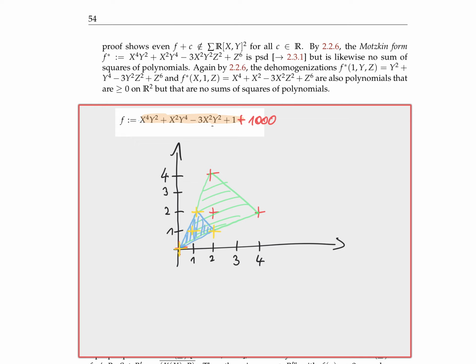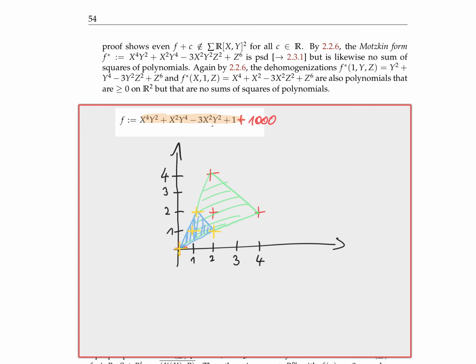And by 2.2.6, the so-called Motzkin form, so that's probably the way Motzkin initially presented his example. That's just f homogenized, right? So you take a new variable. Usually we call that x0, but now I call it z, to homogenize the polynomial, right?